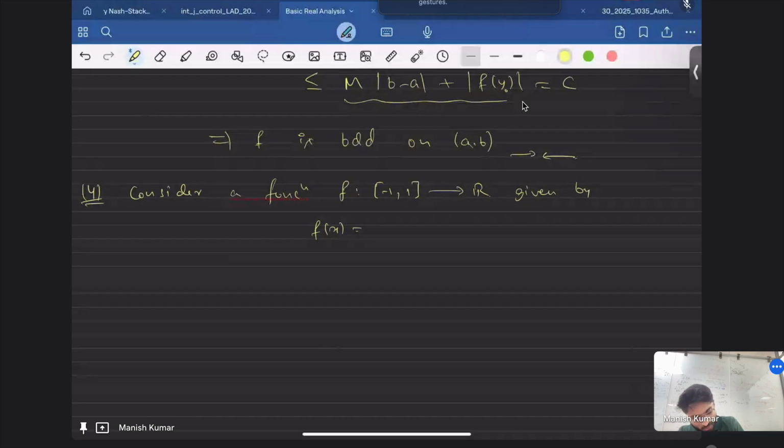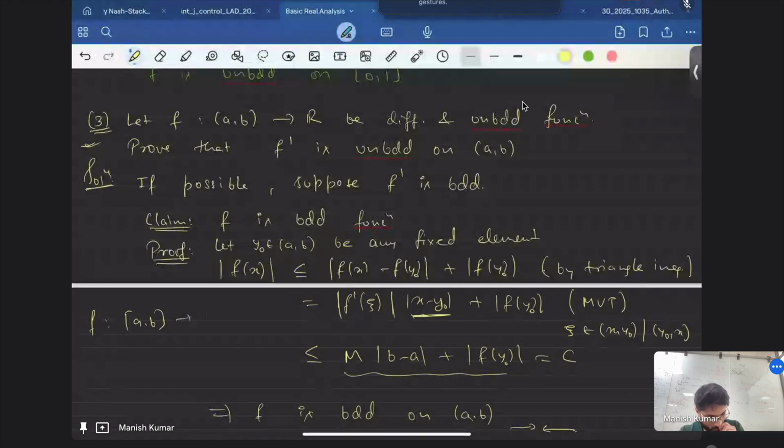Suppose f is differentiable and unbounded. Then you have to show f prime is unbounded. Let me write one or two lines to check whether the argument follows.